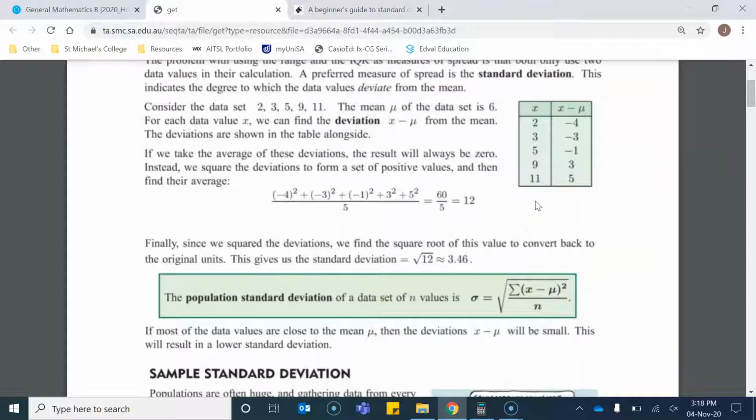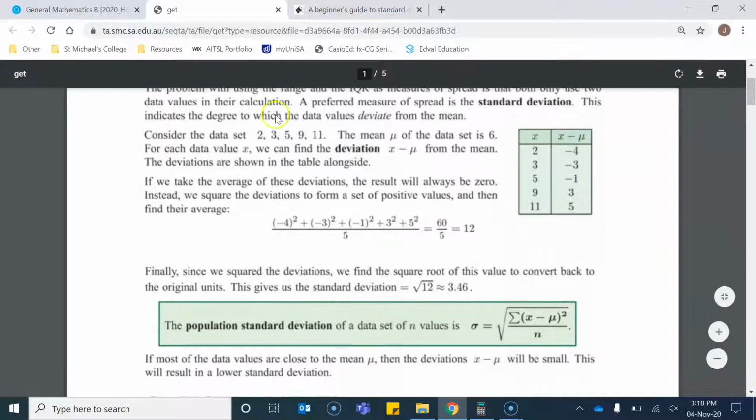So for example, here they've got a data set 2, 3, 5, 9, and 11. We can find the mean of that data set by adding each of the values and dividing them by how many values there are. And then if we wanted to go x minus mu, x minus the mean, we would go to each of these data points and see how far the mean deviates from them.